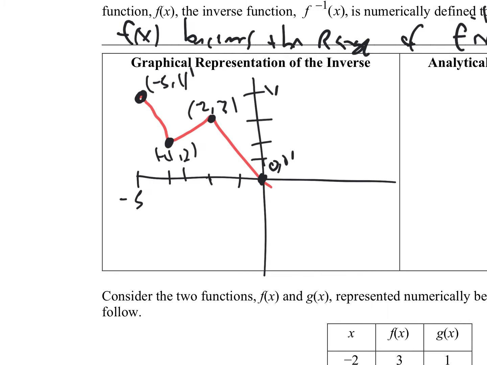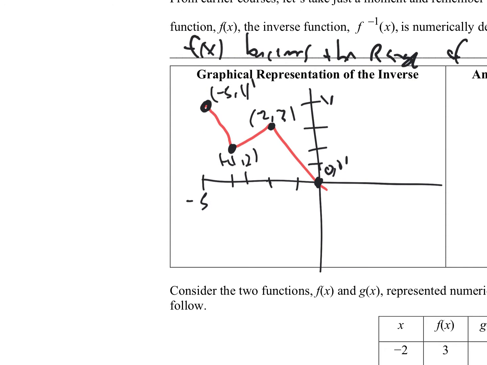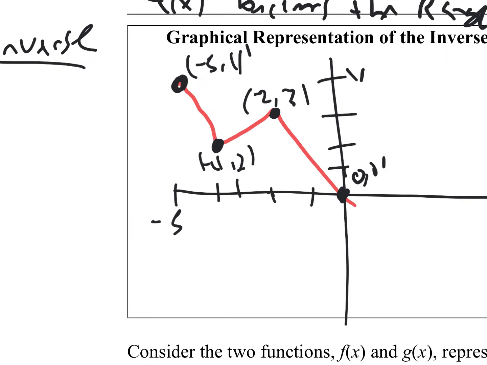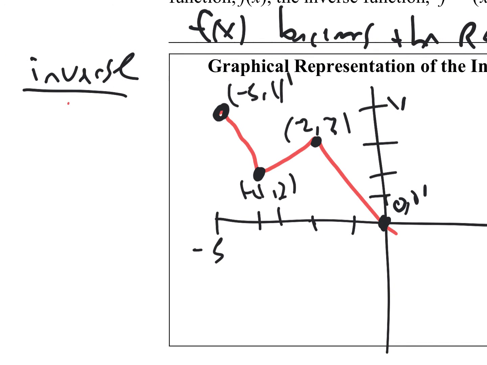The reason it's better to do the picture first is I can now talk about what the set of points would look like for the inverse. What would the inverse points be? Help me out here. You should know that. It would be 4, -5. Yes, 4, -5.